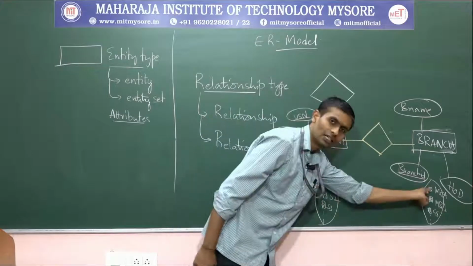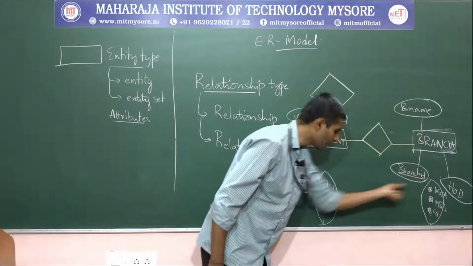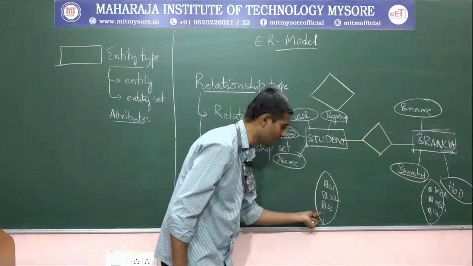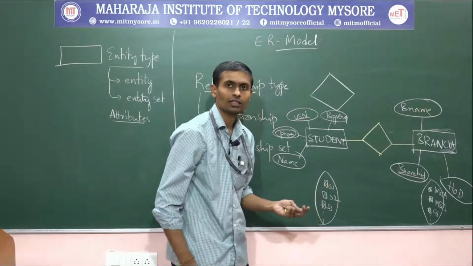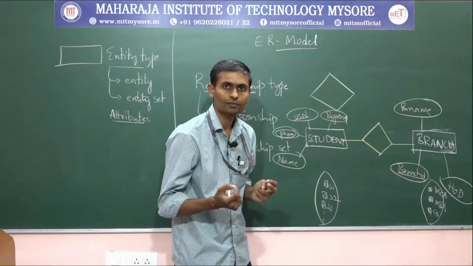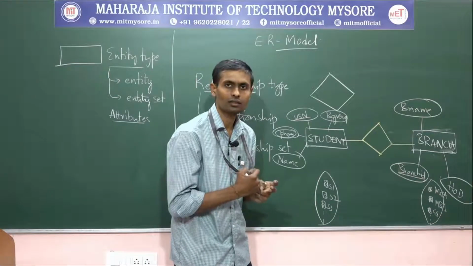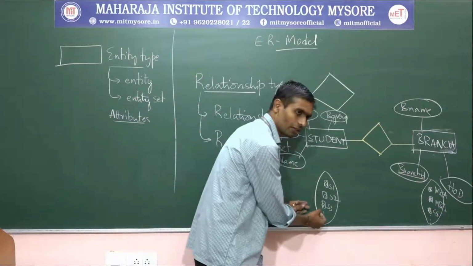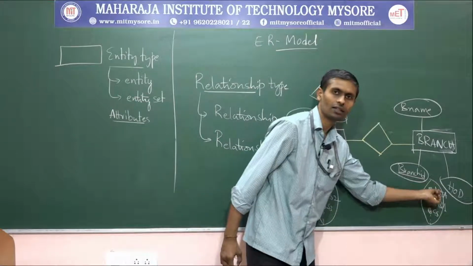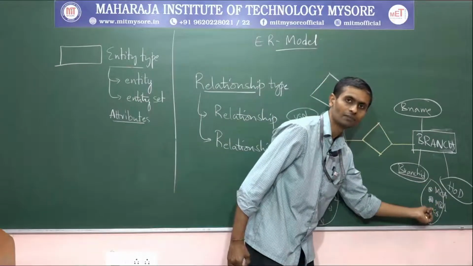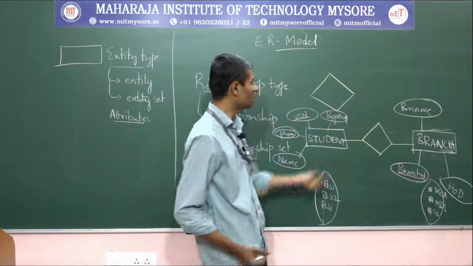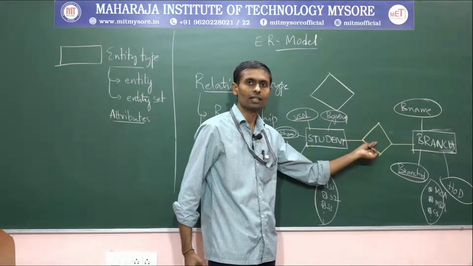That means with this instance of MCA, there could be many instances from this end connected. That we need to show, that we need to represent. How this set of entities is connected with the entities of this set, we have to show. That can be described with the help of the relationship type.